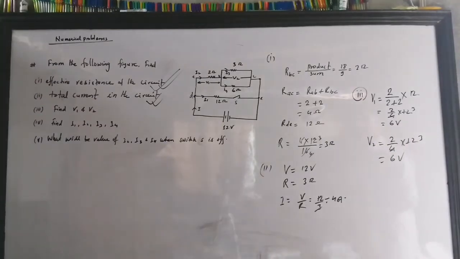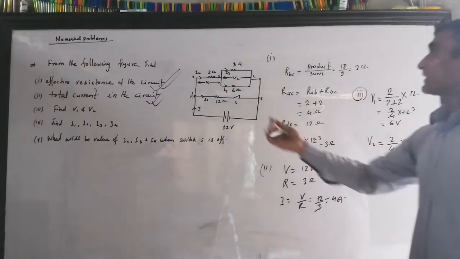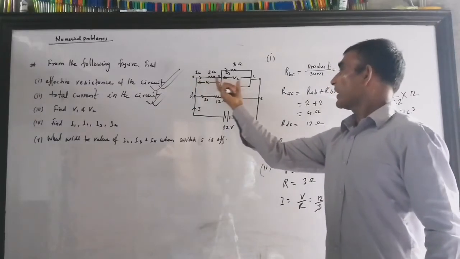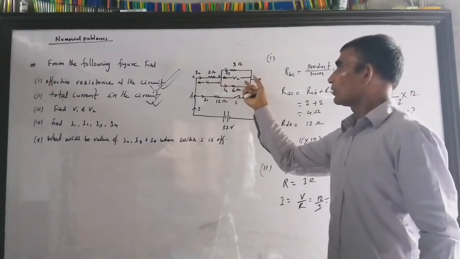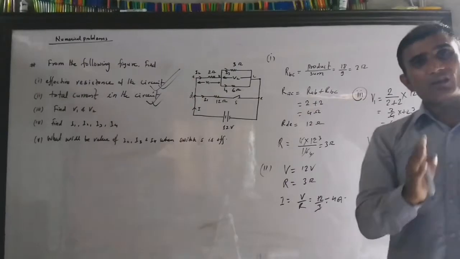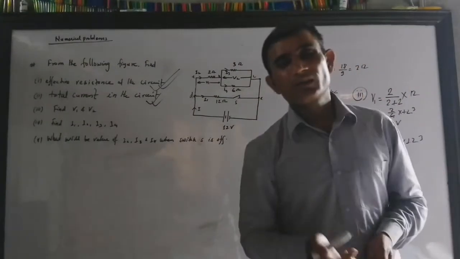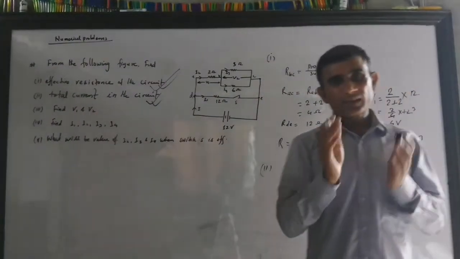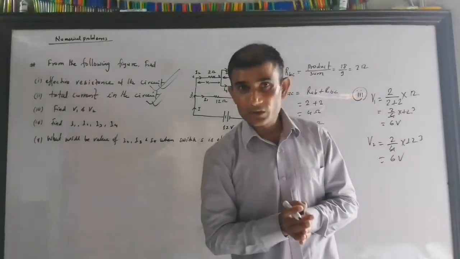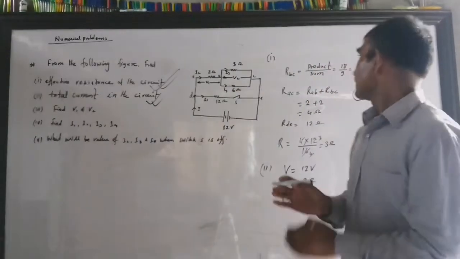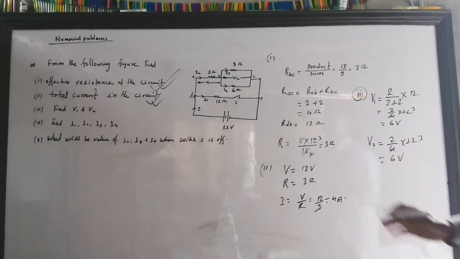Tell me why both are getting 6 volt? Because the resistances are the same. Here 2 ohm and here also 2 ohm. These two make the 2 ohm. So same voltage, and the current is also the same. Same resistance and same current, then the voltage will also be the same. It means the voltage divides equally. Okay.